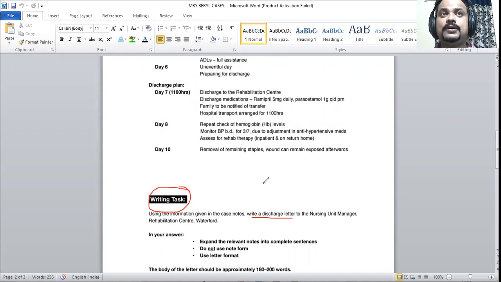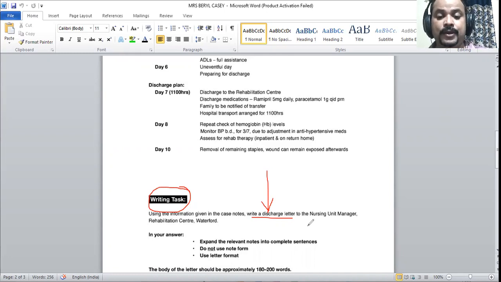So whenever you are writing a discharge letter, you need to include some relevant information, because it is not transferring from one ward to another. You need to report some important information to the person you are handing over the patient to.